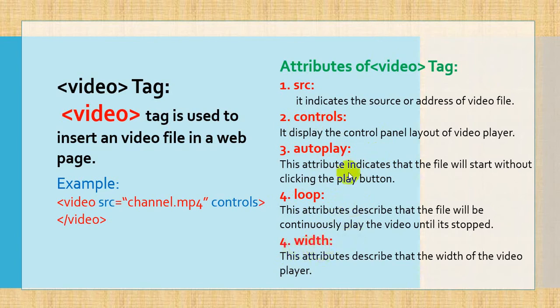So what could be the size of your player? It will be decided by the width and height attributes of the video tag. These are very self-explanatory attributes. When you see the name, you get the idea what is meant by width and what is meant by height.